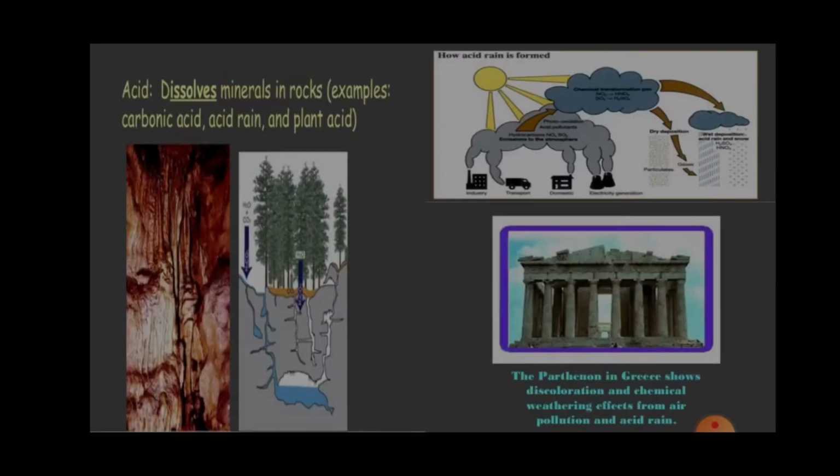So the next one. These are examples of chemical weathering. For instance, carbon dioxide from the air and soil sometimes combines with water in a process called carbonation. Through this process, a weak acid called carbonic acid forms that can dissolve rock.